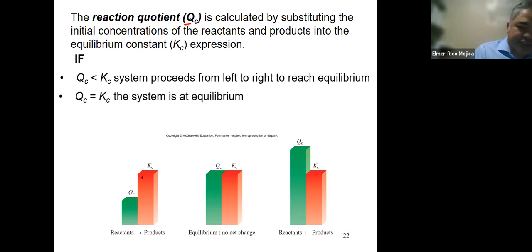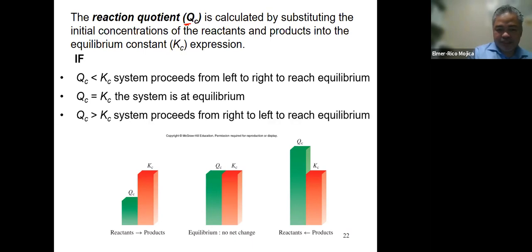Now, if Qc is equal to Kc, then you have a system at equilibrium. And then Qc greater than the Kc, like the one here, you want the reaction to proceed favoring the backward reaction to give you Qc equals Kc.